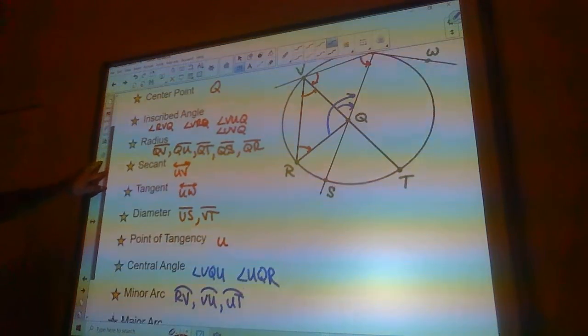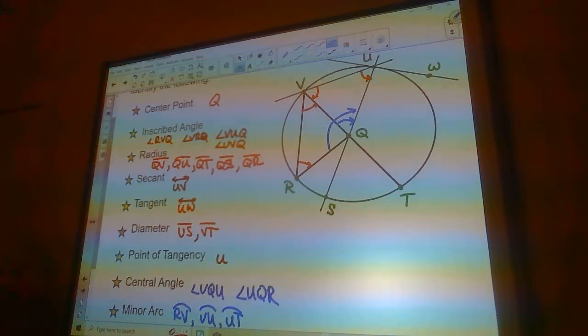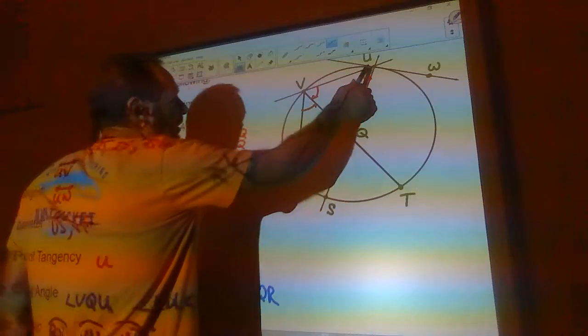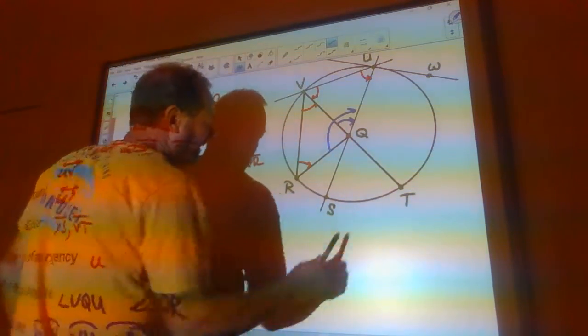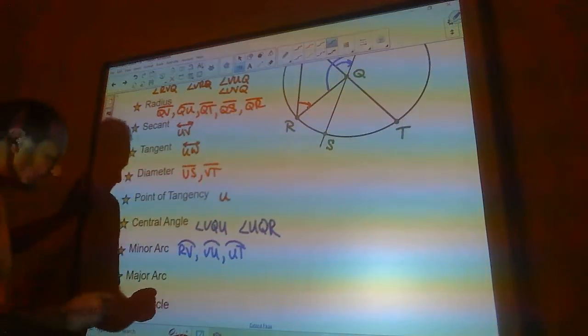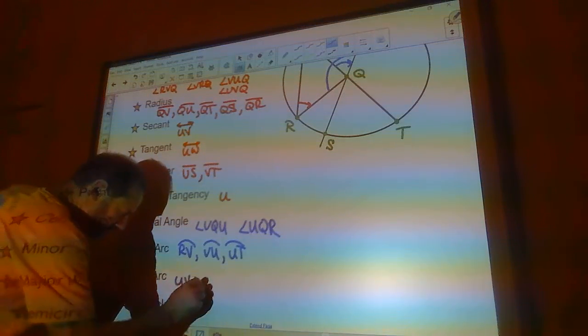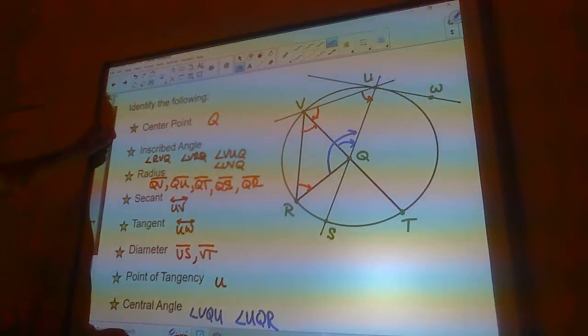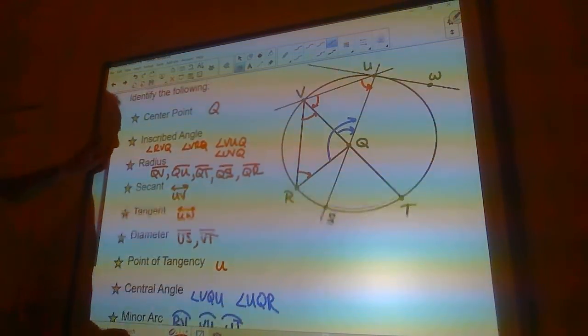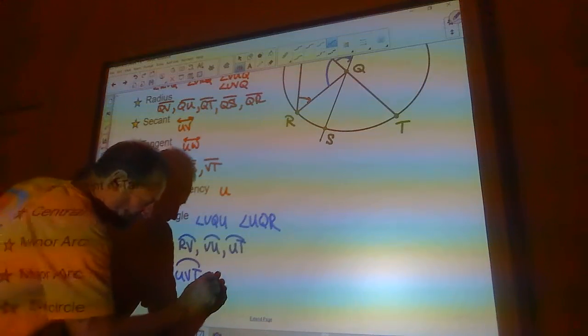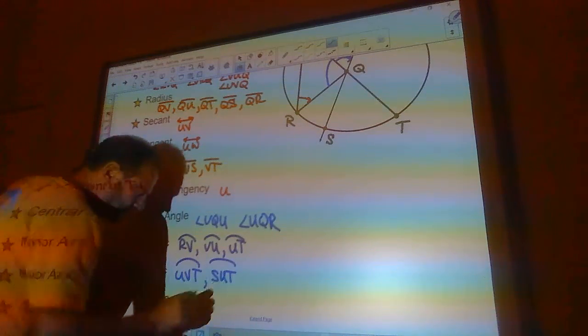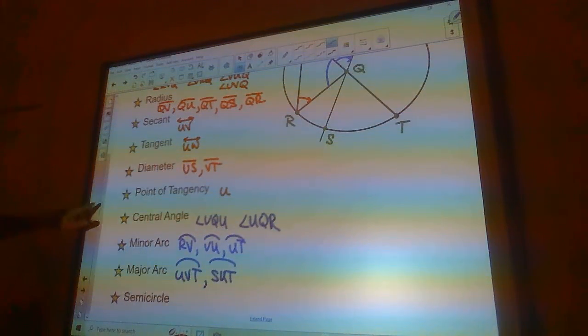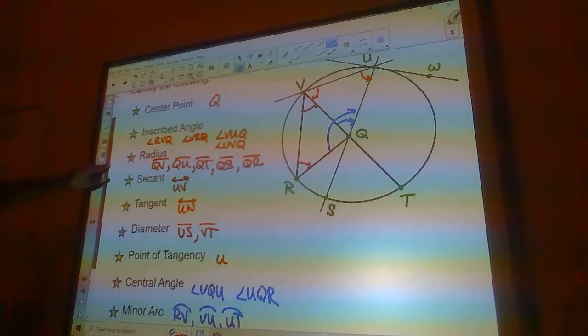A major arc. That one's more than 180 degrees. So that would be like arc UVT. Let's see. Oh, SUT would be another one. And a semicircle. Let's see, there's 4 semicircles on here.